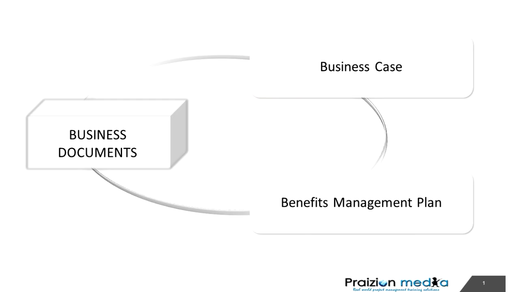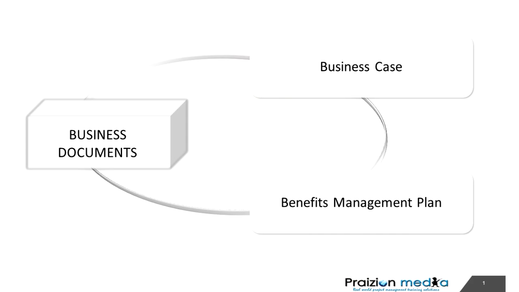The next one, the benefits management plan, is a plan that explains how the benefits of the project are going to be realized. It's a plan for how to intentionally discover the benefits and how to meet those benefits over time.